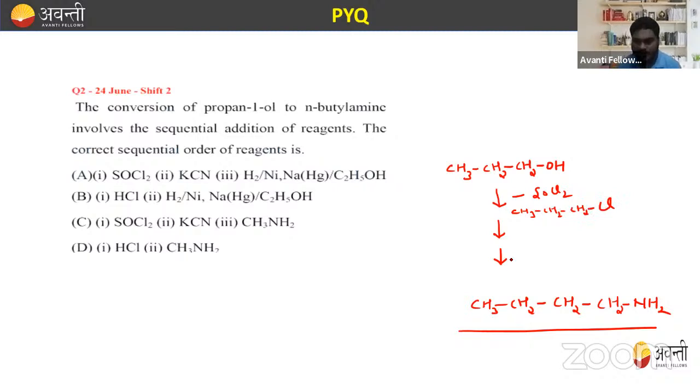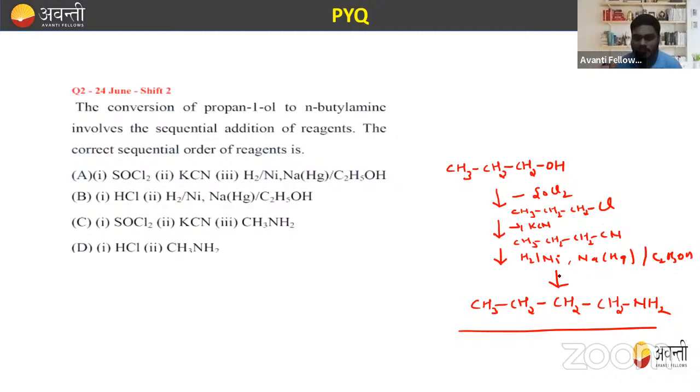Now when we treat this with KCN, CH3, CH2, CH2, and CN forms. In the next step, we do the reduction, that is Mendius reaction, with H2 and nickel, or sodium amalgam in the presence of ethanol, and then the amine forms.